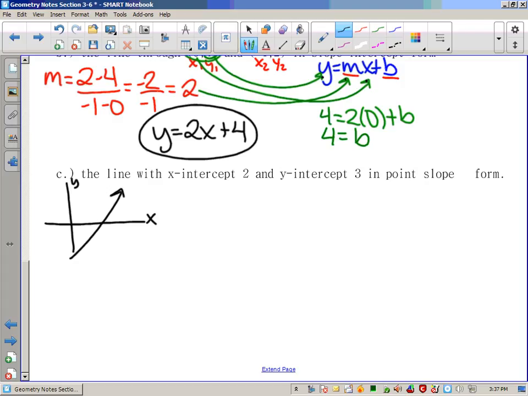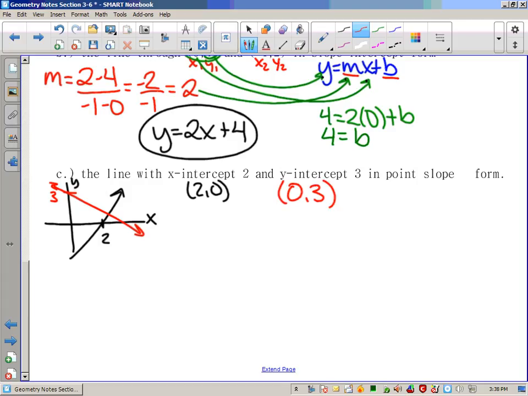So in this case, it's where x is 2. That's the point 2, 0. And a y-intercept of 3, okay, the line that I drew here doesn't have a y-intercept of 3. Let's say I did. I drew a line with a y-intercept of 3. The ordered pair for that would be 0, 3.